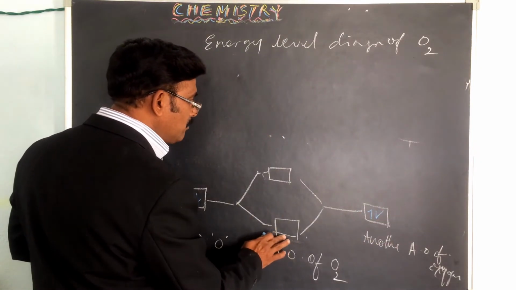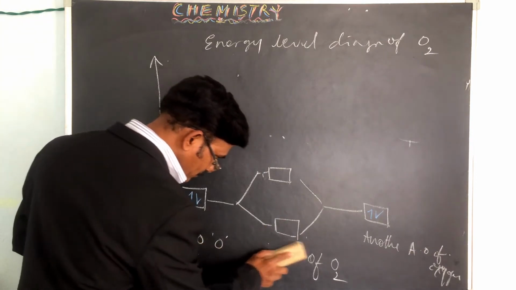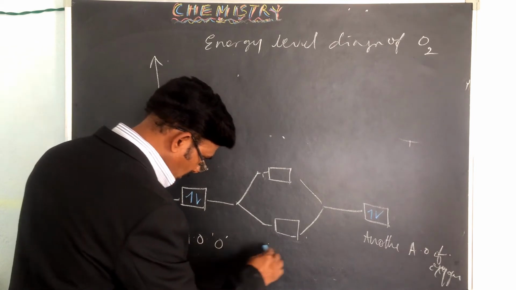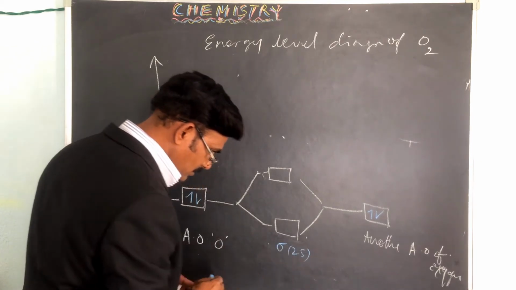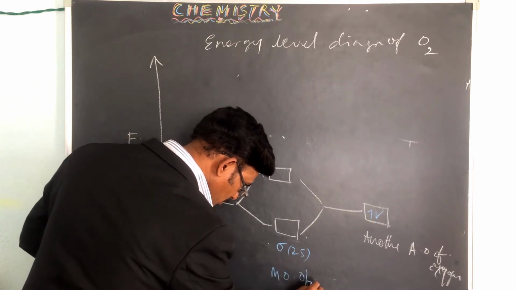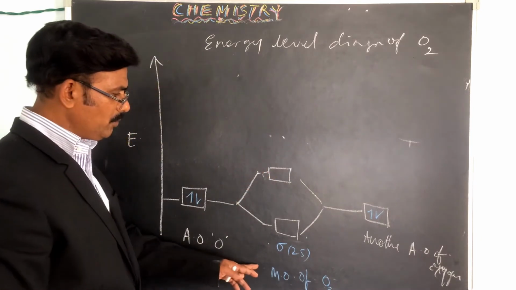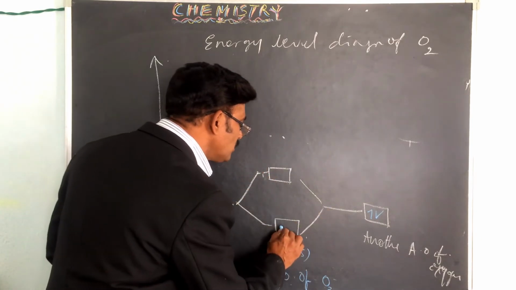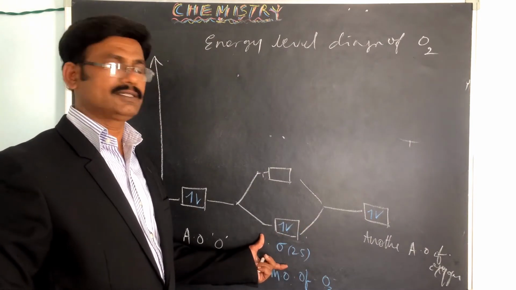Here sigma 1s. We can write here sigma 2s. This is the molecular orbital of oxygen. Sigma 2s, how many electrons are there? 2 electrons. These are the bonding electrons.